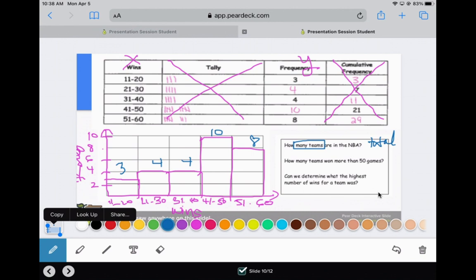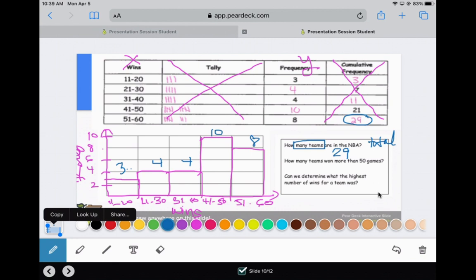But in this case, I already have the total right here from the frequency table. So I can use the frequency table. Or if you don't have the frequency table, you add all of them together. That will give you 29. Okay, so it depends on what's given to you. When it's asking how many teams, how many hours, how many students, how many of something, that's when they ask for the total. So you add all of them together.